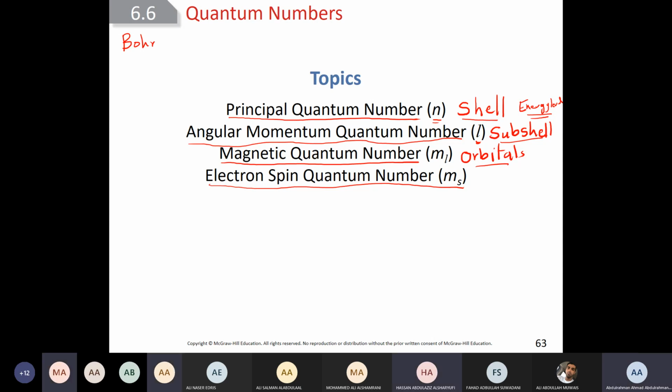Bohr. What did he say? That the electron in hydrogen, we're talking about the hydrogen atom. This is the nucleus, and around it there are circles, orbits, not orbitals, but orbits.